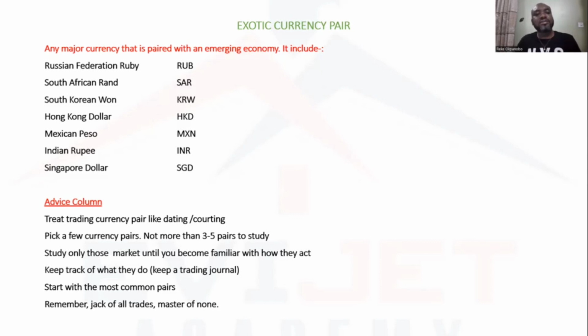Nigeria, you know, Russian Federation rupee, South Africa rand, Korean won, Hong Kong dollar, Mexican peso, India rupee. All of these are called exotic pairs. Any major currency paired with an emerging economy is called an exotic pair.